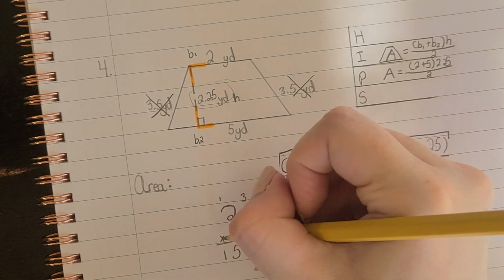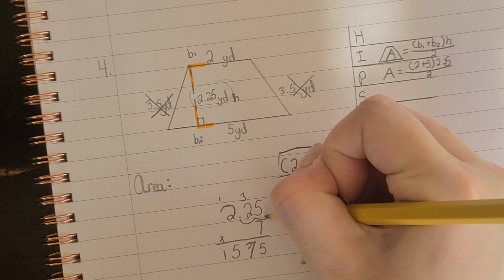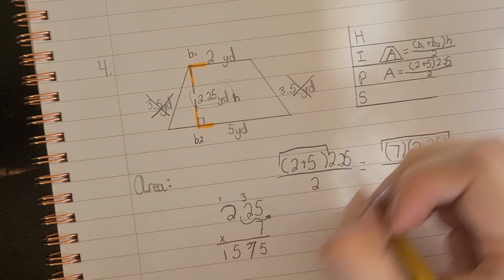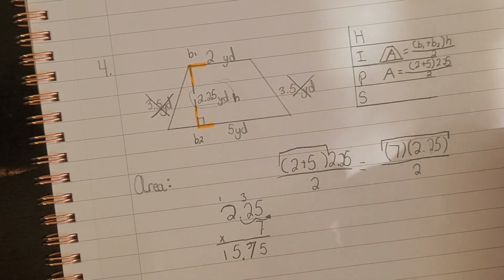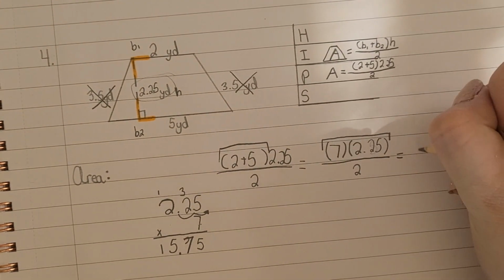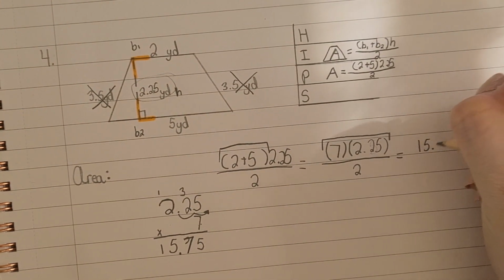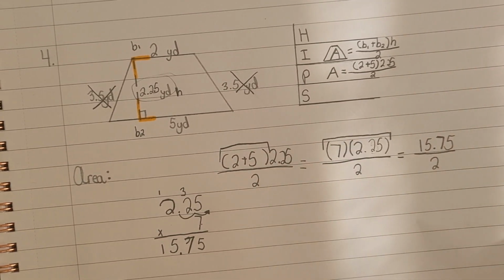All right, remember, since we're multiplying, we didn't have to line it up with the ones. We just count our decimal places at the end. All right, we went over 2 in the problem, so we'll do 2 down here. So now we have 15 and 75 hundredths up top. That's what that has solved to, and still we have divided by 2.